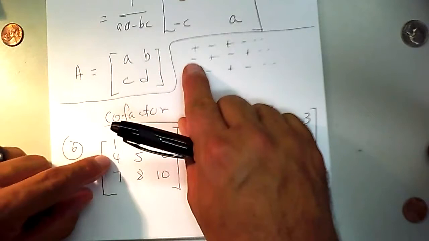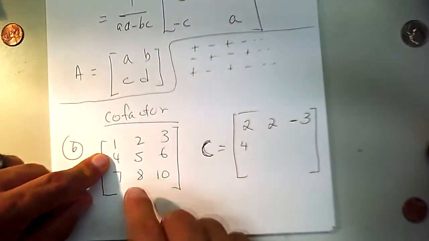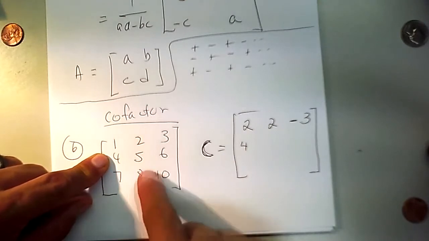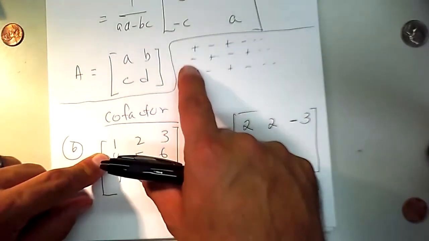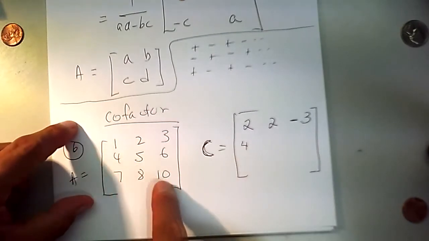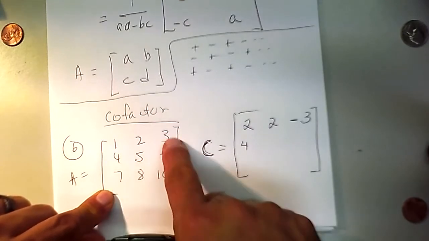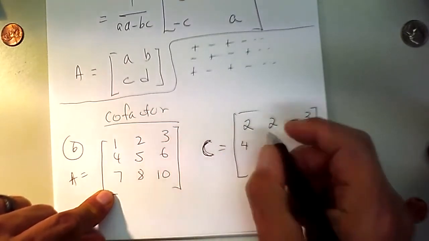But that position is negative, so we have to do a positive 4. Let me double check. 20 minus 24 is negative 4, positive 4. Cofactor of 5: I'm doing 1 times 10, 10, minus 21, negative 11. Keep it as is.